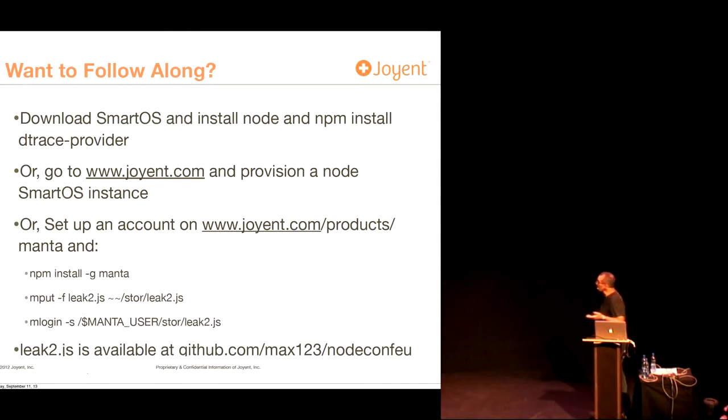Okay, so if you wanted to follow along, and I'm sure you all do, you could download SmartOS because DTrace and MDB run on SmartOS. They don't run on Linux. Or you could go to Joyent and provision a machine, or you could set up an account on Manta.